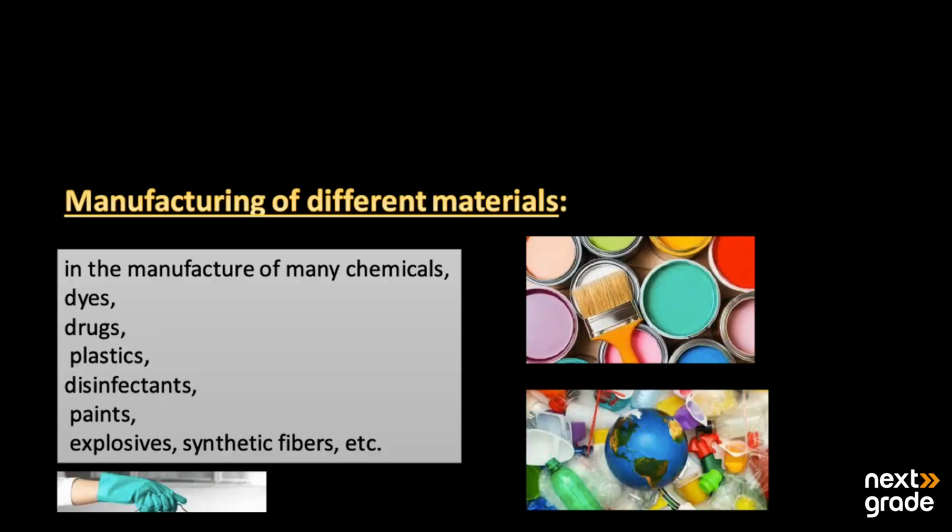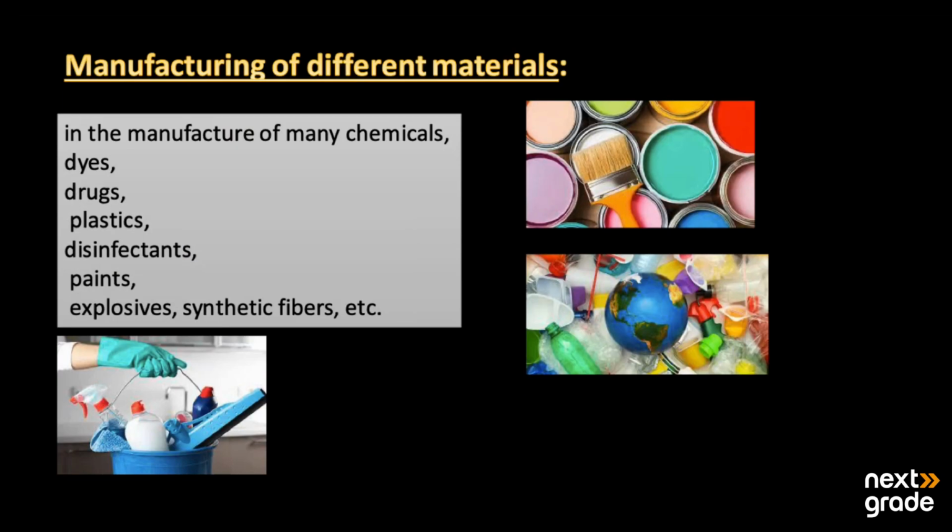Then here we have the fourth use of H2SO4. It is used in the manufacturing of different materials. Now, what types of materials and chemicals? It is used in the production of different types of dyes. It is used in the production of drugs and plastics. Disinfectants are substances or compounds that are used to kill germs.